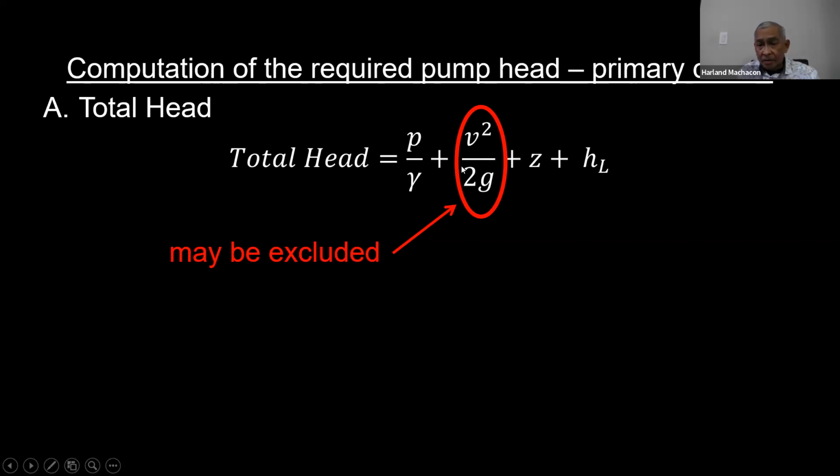And take note that the second item in the total head, which is the velocity head, can be excluded because the value of this expression is very small that it can be neglected. So the total head, P over gamma plus Z plus H sub L, will be the total head.